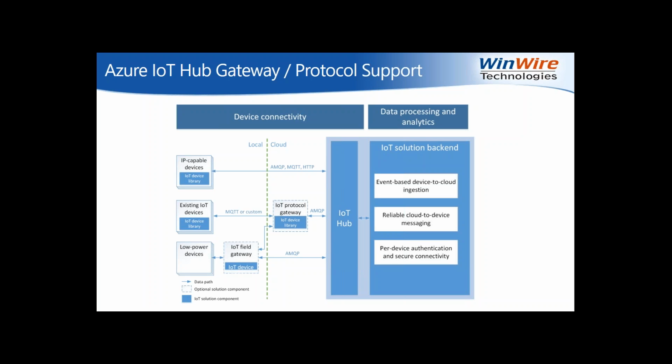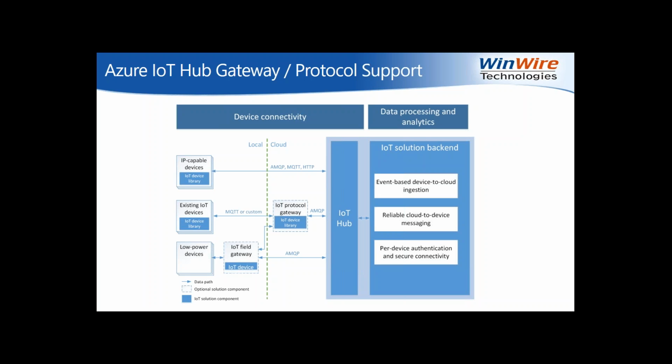To overcome that, say for example, if your device can support MQTT, a protocol that a lot of devices support, then you can write an IoT protocol gateway. Now this is an application that resides on cloud, and you can have communication between your device and the protocol gateway using MQTT, which the gateway then translates to AMQP and communicates with the IoT Hub.